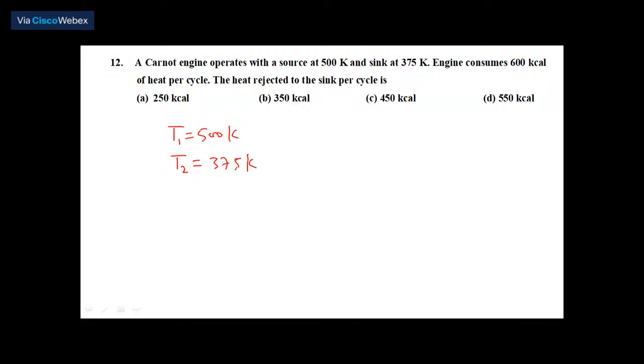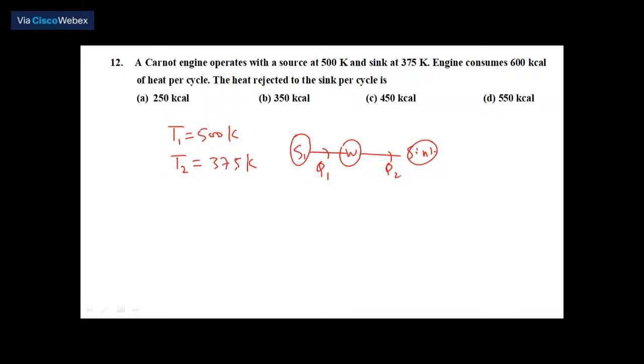Find the heat rejected to the sink per cycle. Heat given is Q1 and heat rejected is Q2. Like this is the working substance. Here is the source; heat given to the working substance is Q1. Here is the sink; heat rejected is Q2. Now we have to find the heat rejected to the sink per cycle, that means the value of Q2.